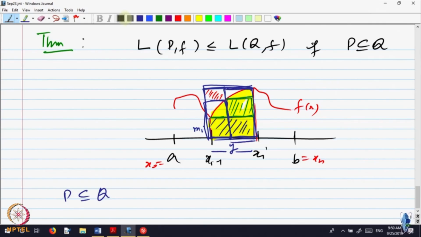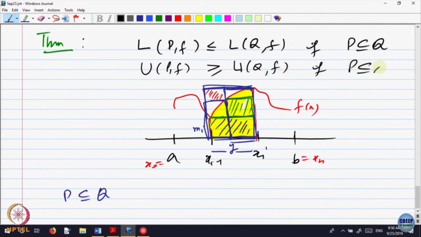So let us write that also, that the upper sum of f with respect to P is bigger than or equal to the upper sum with respect to Q, if P is a refinement of Q. Right? And is it clear what is happening? Now mathematically, why does that happen? So if one wants to write the proof of this, what will you be looking at?